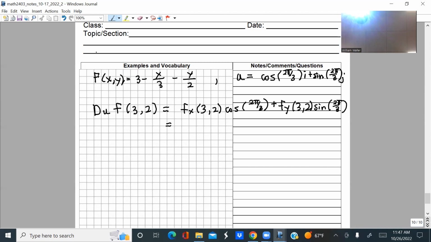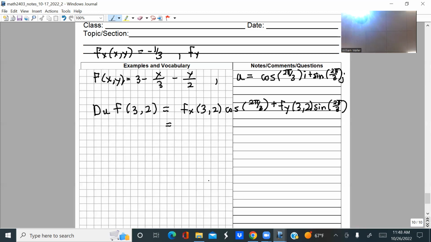So what are those partial derivatives in general here? The partial with respect to x looks pretty easy. Isn't that minus 1/3? Because this is a constant, so its derivative is 0. The derivative of this term, which is just x to the first power, is just the coefficient, minus 1/3, and this also is a constant with respect to x. So you just get minus 1/3.